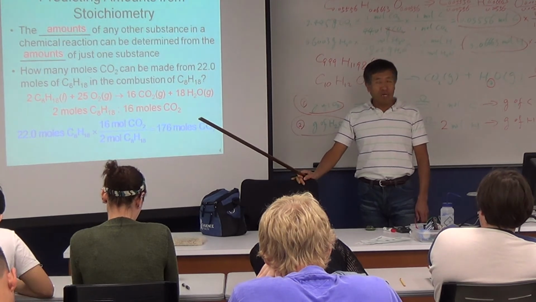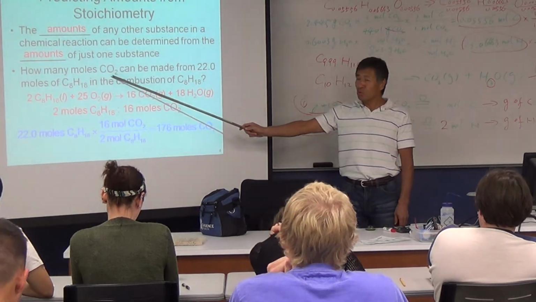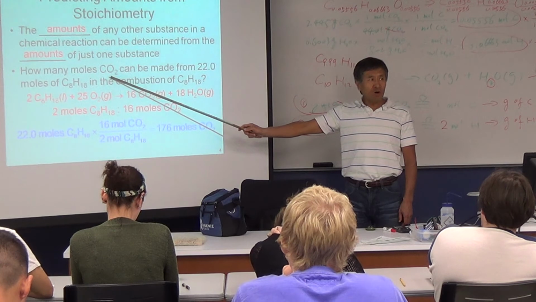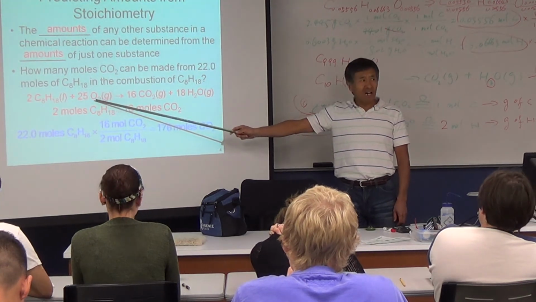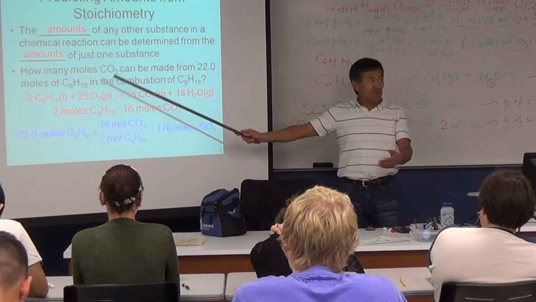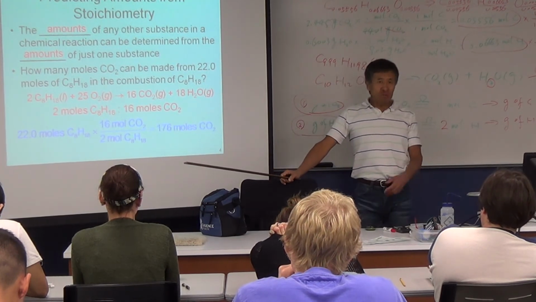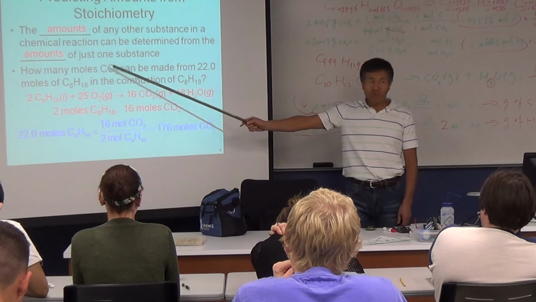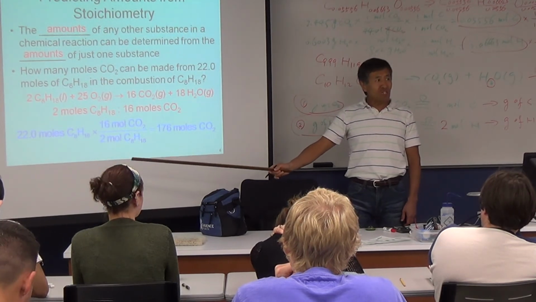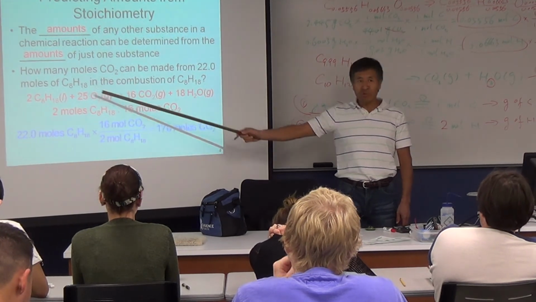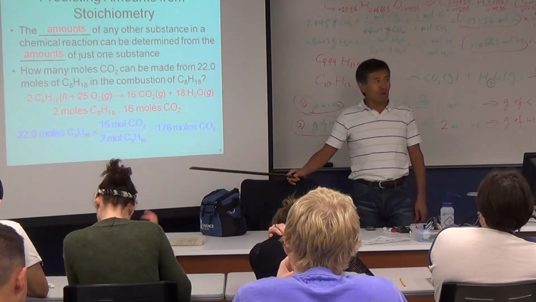Okay? And obviously, to produce CO2, you not only need octane, you also need oxygen gas. You don't have the information about oxygen gas. For those kinds of problems, just assume you have enough oxygen gas to use up all the available octane.